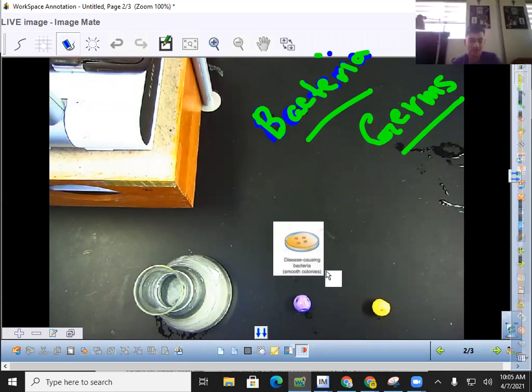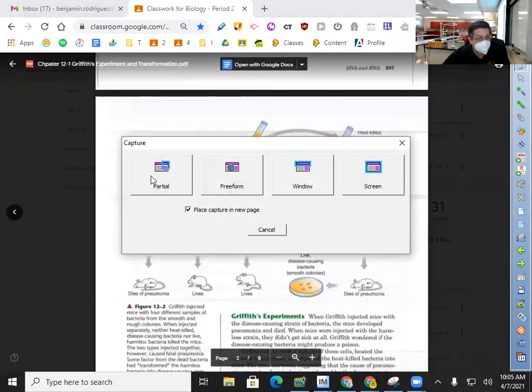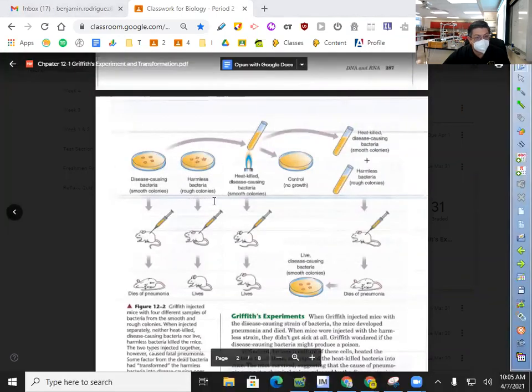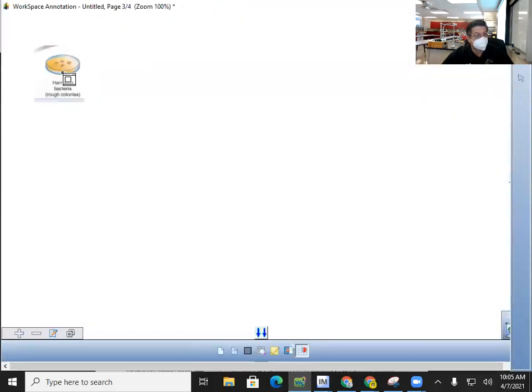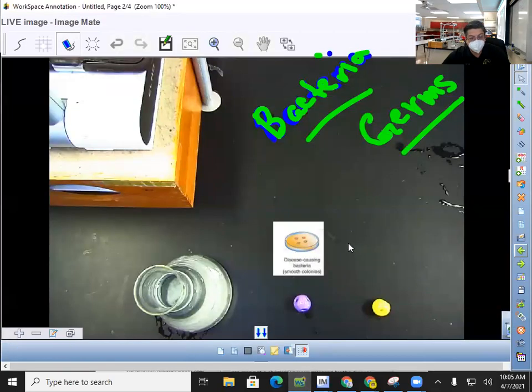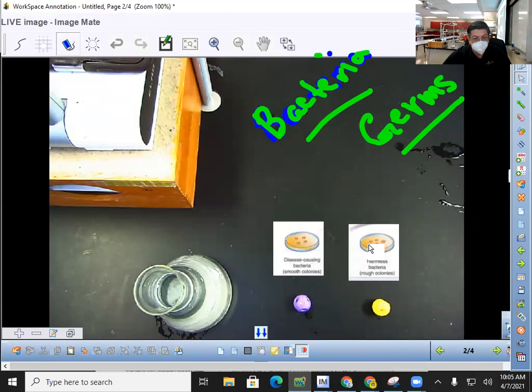The rough bacteria, right? So here's the other one, the rough, harmless bacteria. Whoops, it went the wrong way. Okay, so here we go. Control C, let's put it back over here. There it is, right?